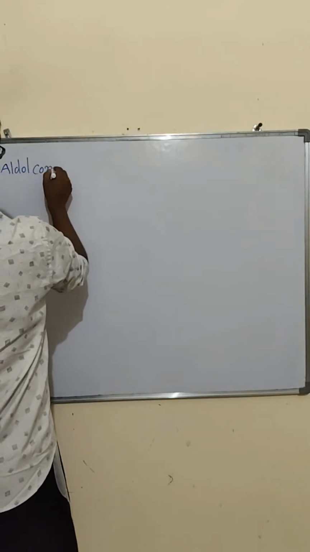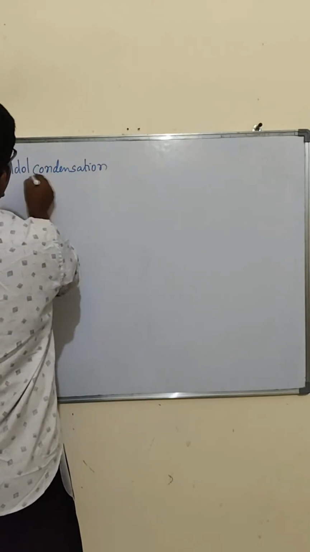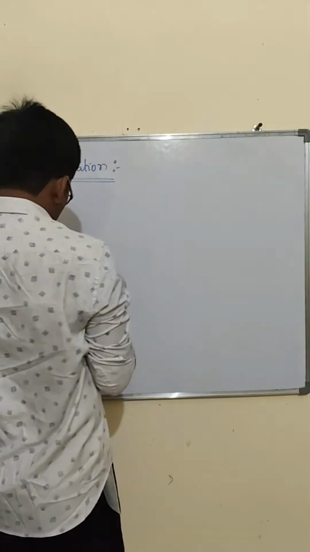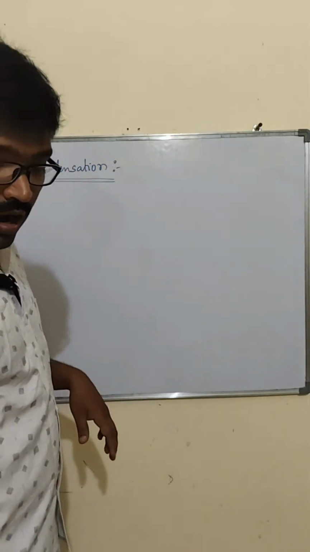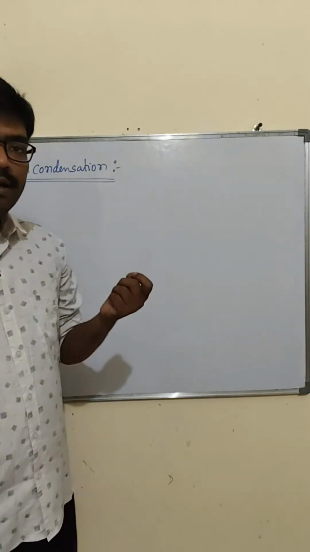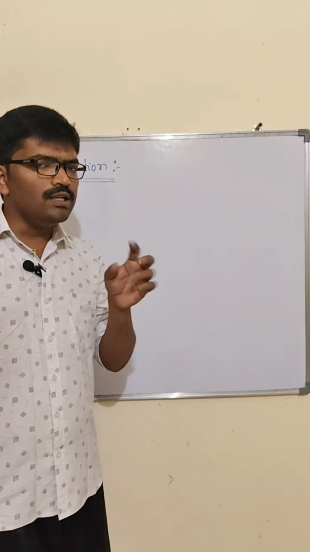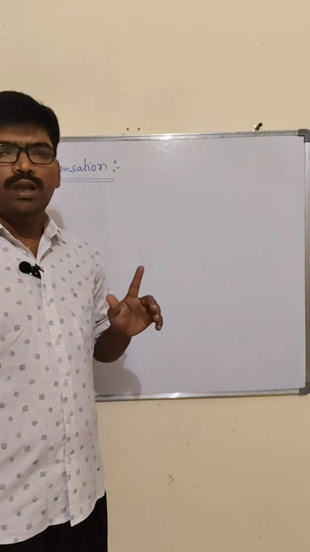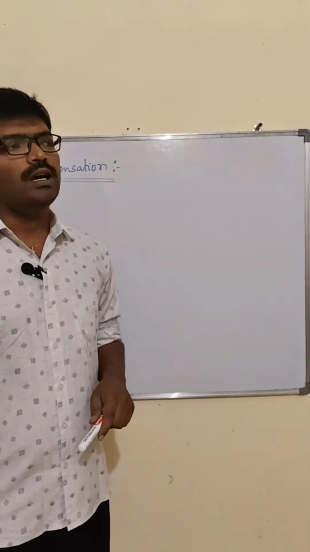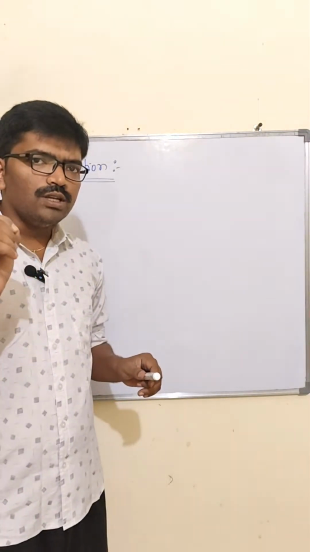Aldol condensation. So what is the Aldol condensation? That we have to discuss first. Aldol condensation is nothing but aldehydes or ketones which are having at least one alpha hydrogen atom undergo reaction in the presence of a dilute alkali to form beta hydroxy aldehydes or ketones.